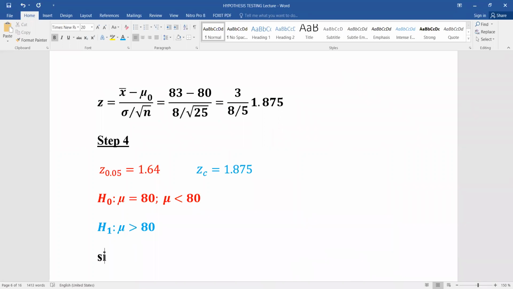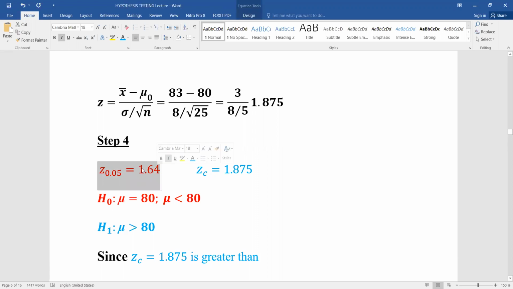We say that since you always begin with the prosecutor, because it's the prosecutor that makes the first closing evidence, since Z computed is greater than Z from the tables, and that Z is equal to 1.64.